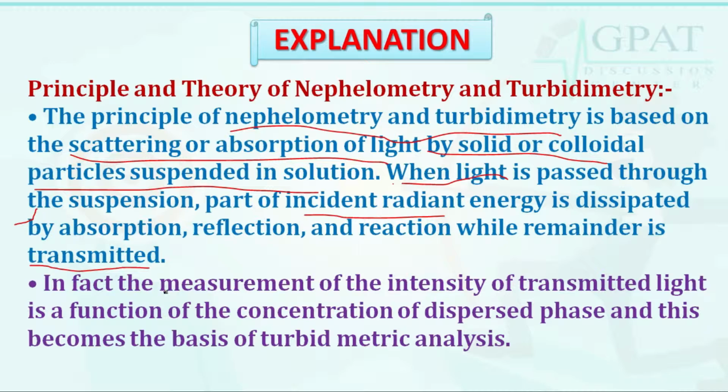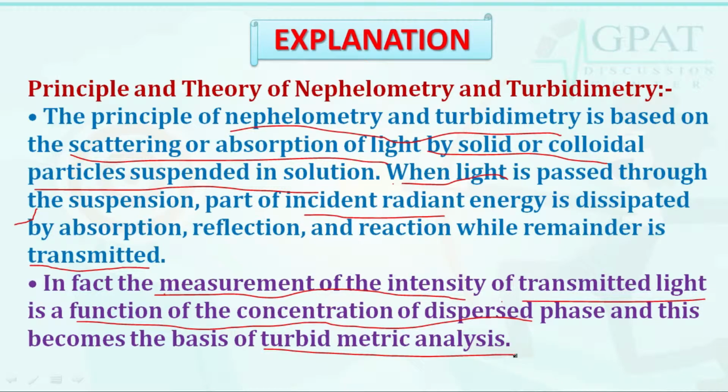Measurement of the intensity of transmitted light means that the light which is transmitted after absorption by the solid particles is measured as a function of the concentration of the dispersed phase, and this becomes the basis of turbidimetric analysis. Now we can also understand with the help of a diagram.